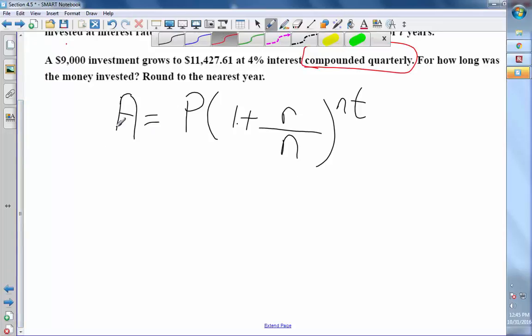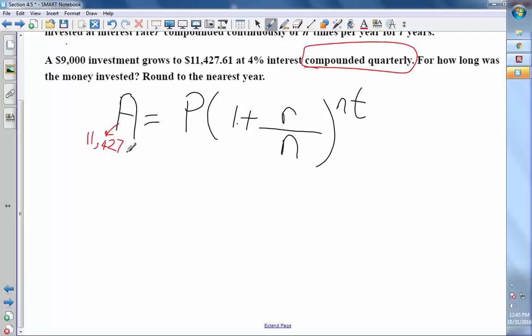Do we know the final amount our money grows into? What's the final amount you have in your deposit account? 11,427.61. Okay, great. Do we know how much we initially deposited? Yeah, right? 9,000.